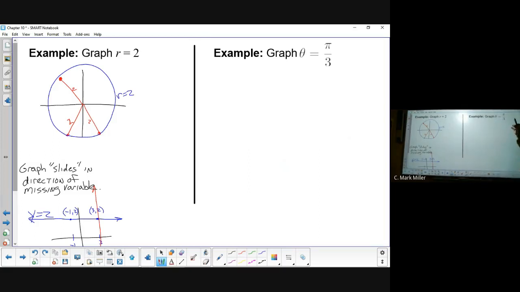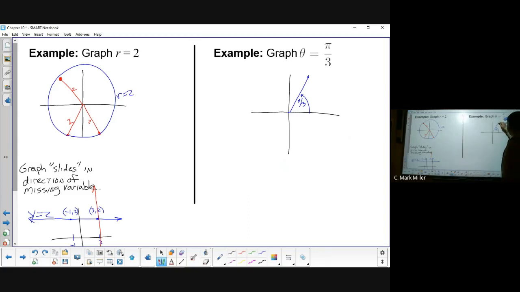This one is a bit trickier. Just a little bit. All right. Pi over 3 is where? Well, it's kind of in that direction, right? Like here. That's pi over 3. Okay. Question, what is R? R is anything.